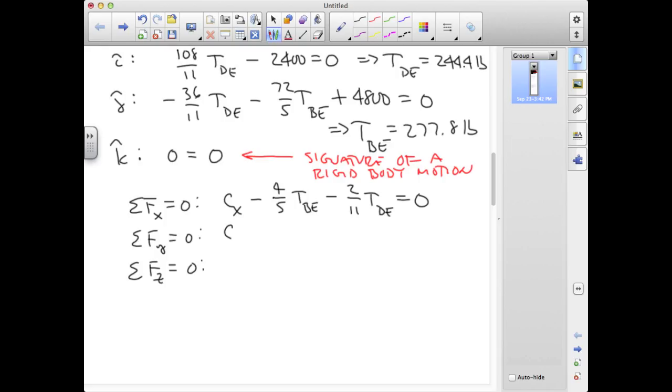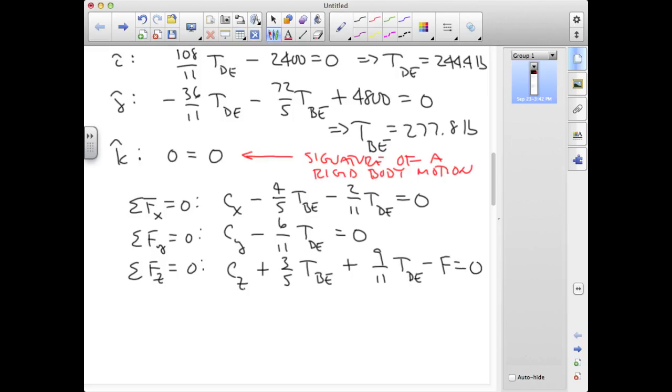And in Y, we're going to have Cy minus 6/11 TDE equals 0. And in Z, we'll have Cz plus 3/5 TBE plus 9/11 TDE minus F equals 0. And F is, again, 200 pounds.